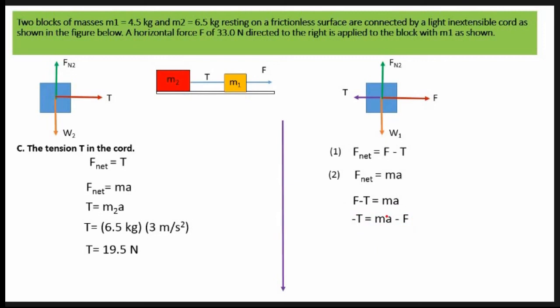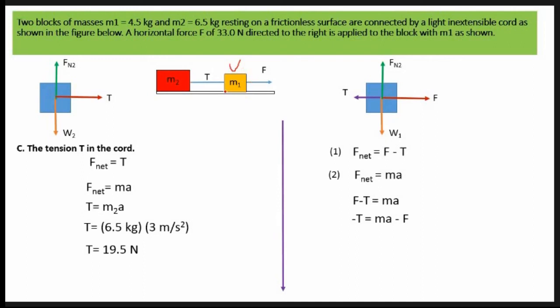Question, do you have the mass? We're referring to mass 1. Do you have the value of mass 1? Yes, and that's 4.5 kilograms. Do we have the value of acceleration? Yes, because whatever the value of m2 will also be the value of m1 and vice versa.